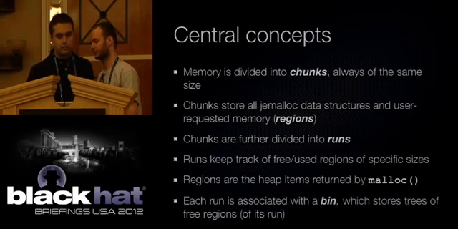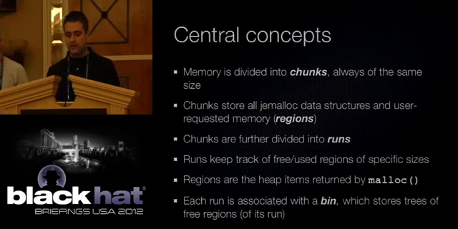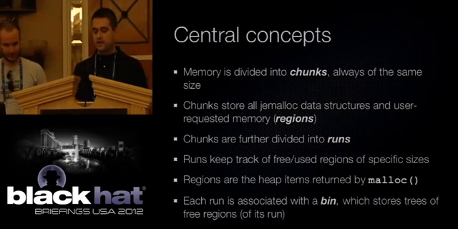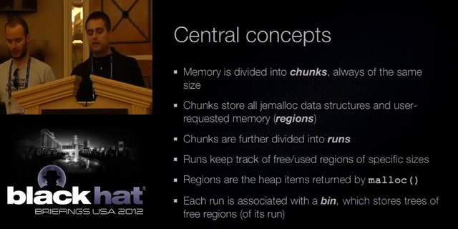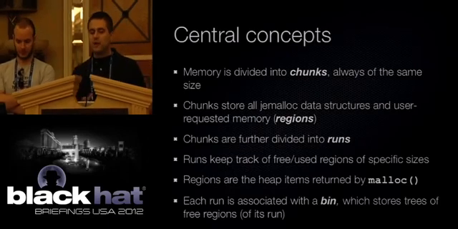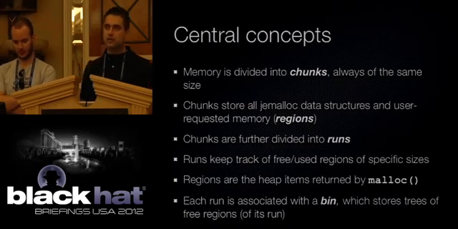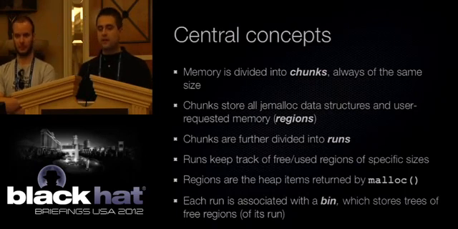Okay, so to go into a few more technical details on gmalloc, this is a summary of the central concepts used in the allocator. The basic building block of gmalloc is the chunk. All the available memory is divided into chunks, and these chunks are always of the same size. This size can be different across the different flavors of gmalloc, but in a specific flavor, the chunk size is always the same.